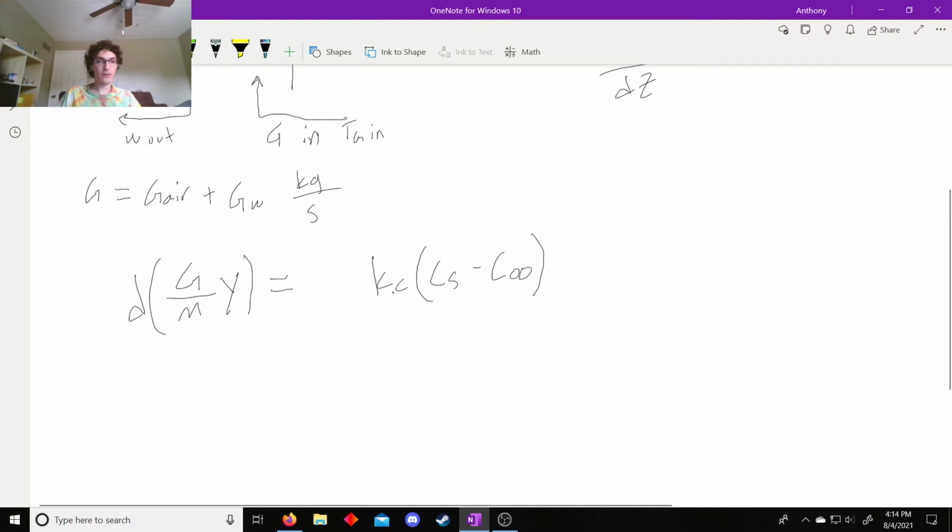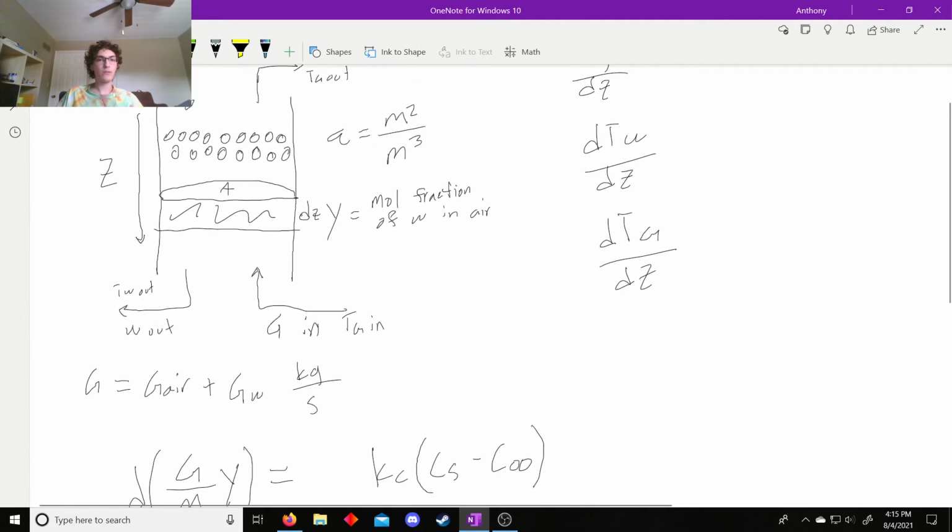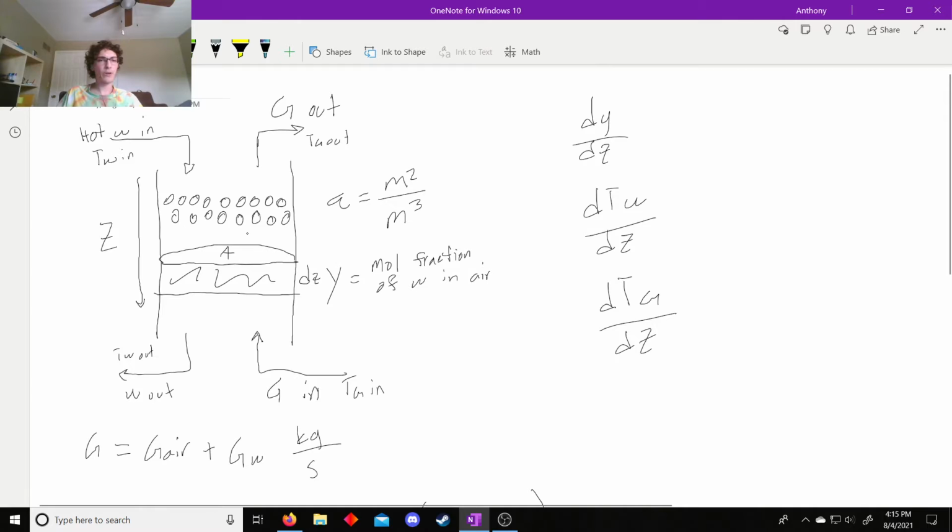So we have this here, and this mass transport of water, we're going to relate that to, well, let's see, I need a second to think about.